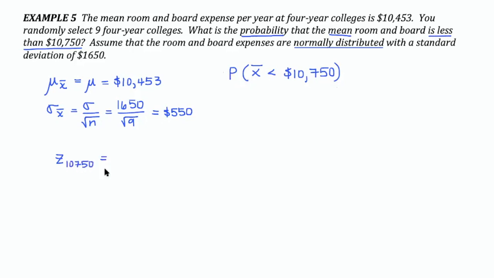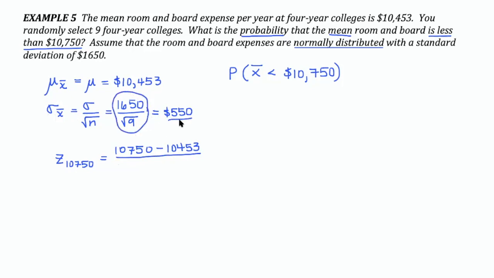We're going to begin by getting the z-score for 10,750. And again, I'm using that same formula from up above. You're going to take that sample mean minus the population mean, and you're supposed to divide it by the standard deviation of the sample means, and we don't need to use this fraction.